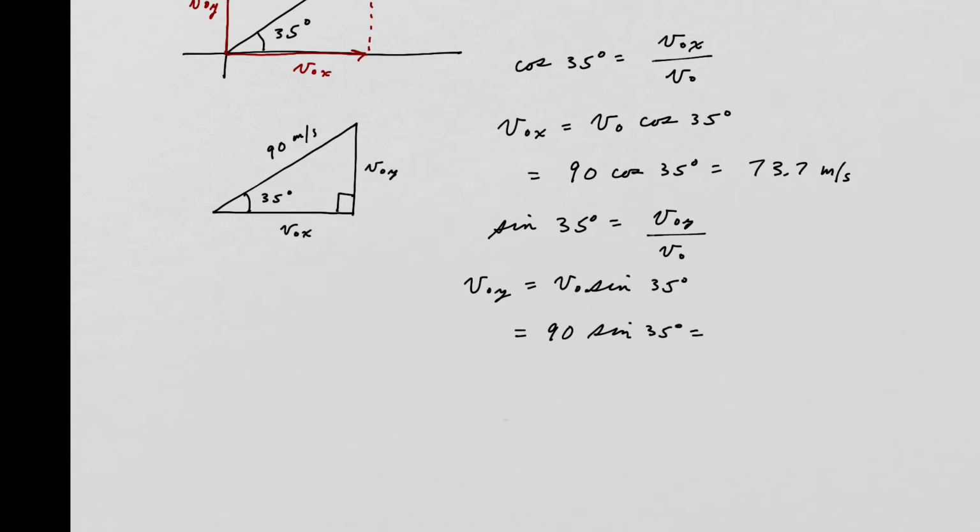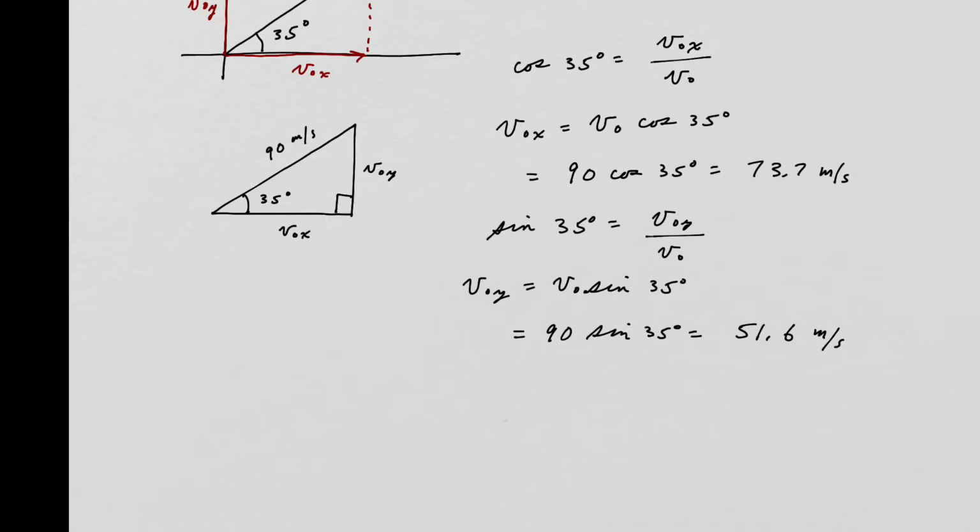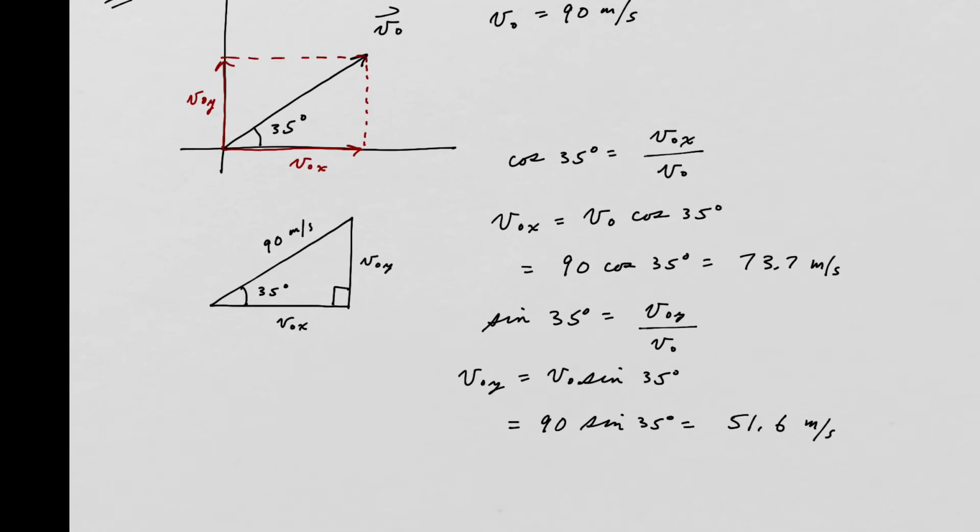So plug that into your calculator, make sure that you're in degrees and not radians, and you should get 51.6 meters per second. And again, it's positive, because the y component is directed upward. We're in the first quadrant, so both the x and y components are positive. Okay, so something simple like that: just find the components of the initial velocity vector.